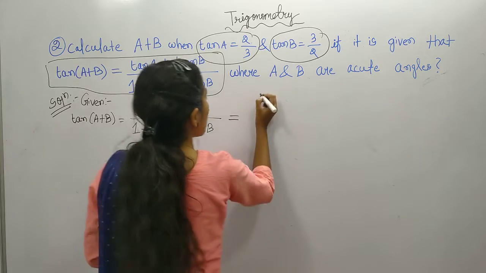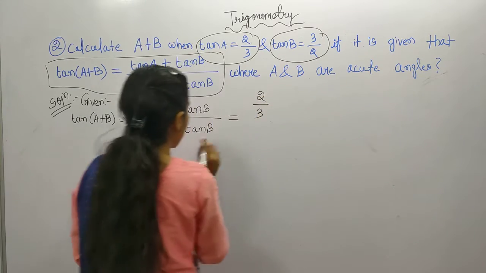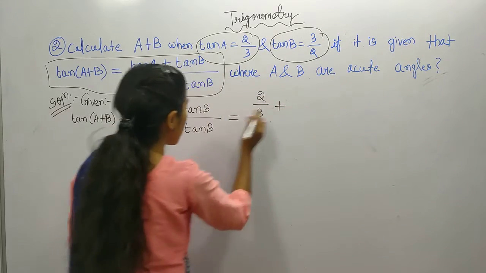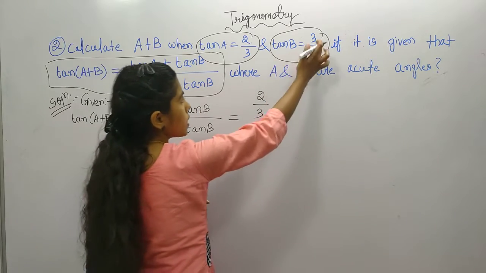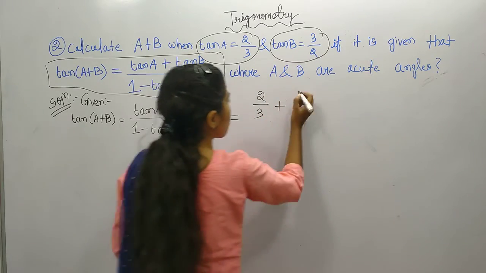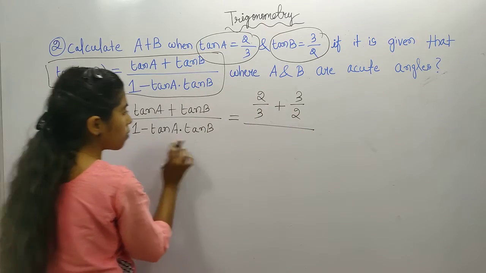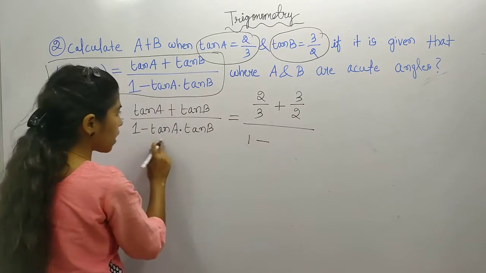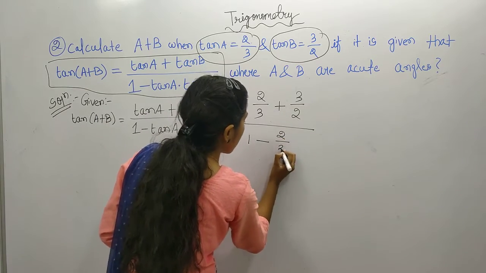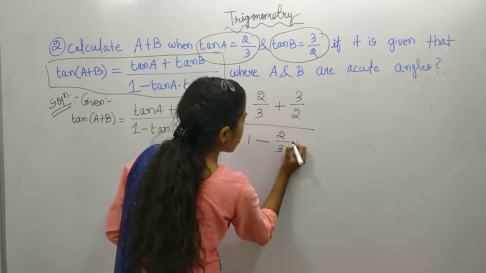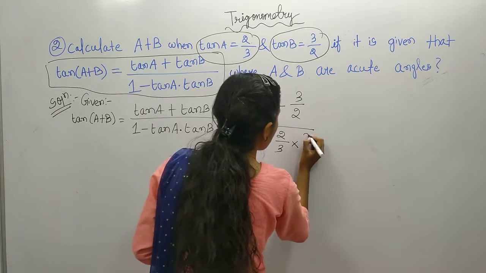So instead of tan A, we write 2 by 3. Next, plus tan B. What is the value of tan B? 3 by 2. So here you write 3 by 2, divided by 1 minus tan A, meaning 2 by 3, into tan B, meaning 3 by 2.